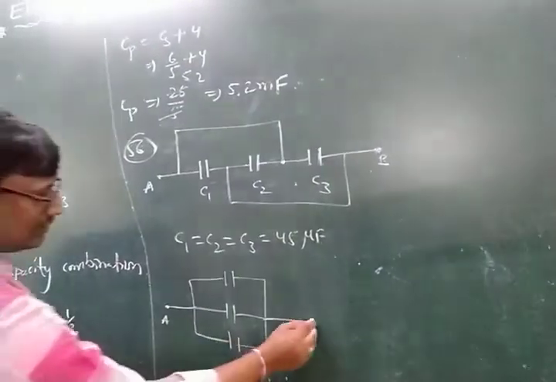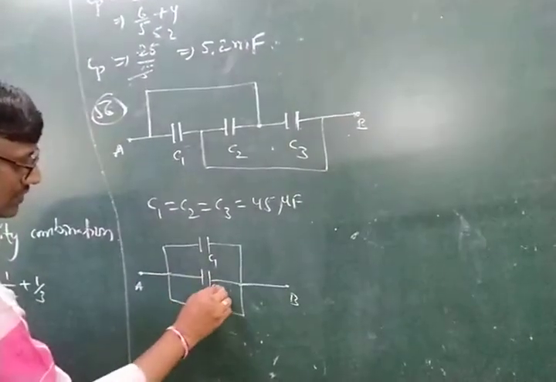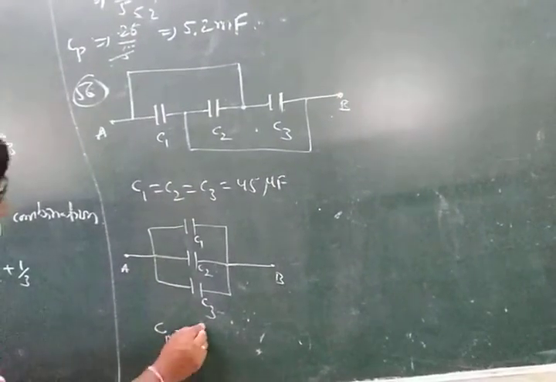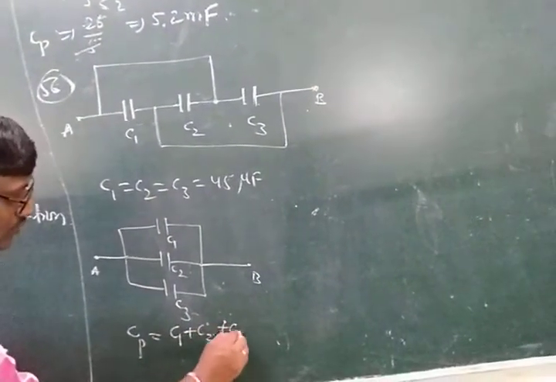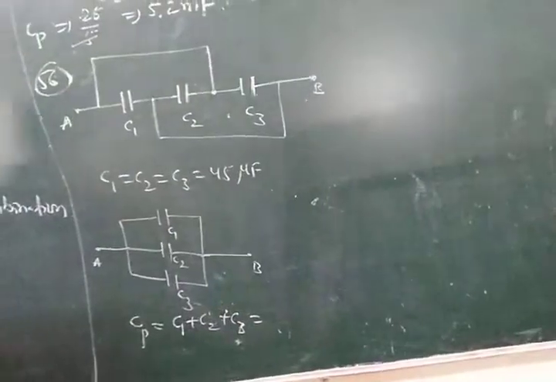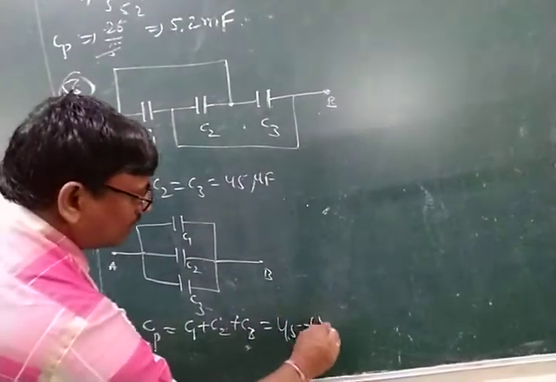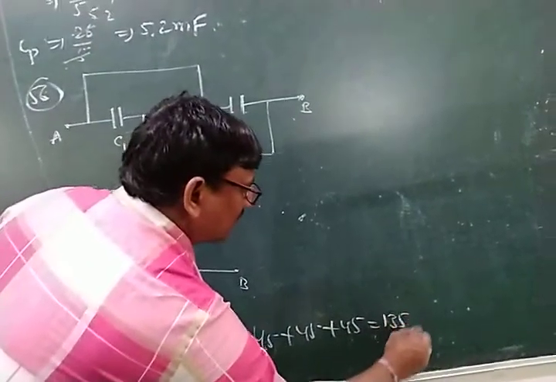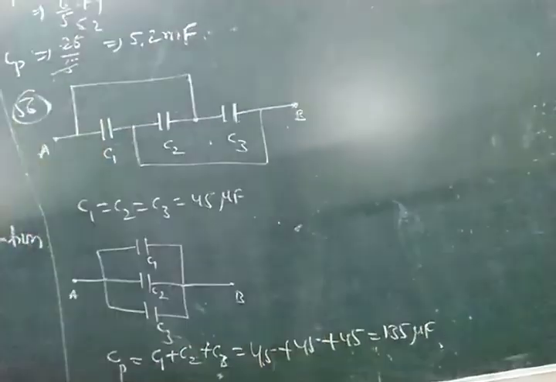A point and B point. This is the C1, C2, C3. The effective capacitance in parallel combination Cp is equal to C1 plus C2 plus C3. How much is there? 45 plus 45 plus 45. That is equal to 135 microfarad.